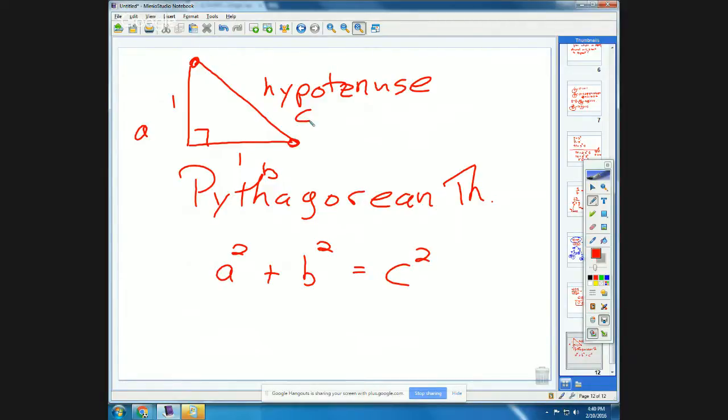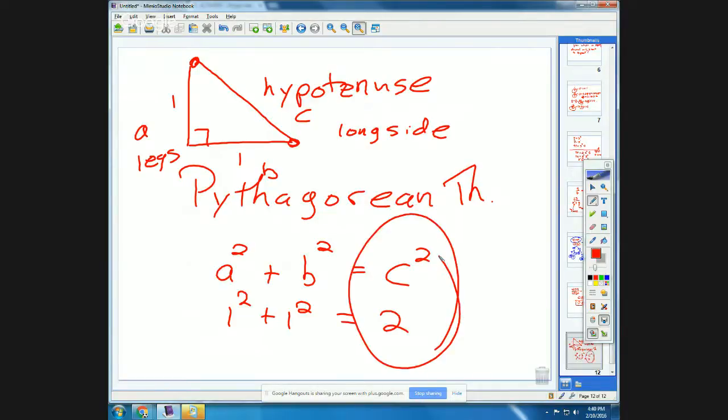C over here is the long side, and these guys are called the legs. Following that theorem, we would get 1 squared plus 1 squared, that's just 1 plus 1, which is 2. So I'm looking for a number whose square is 2.